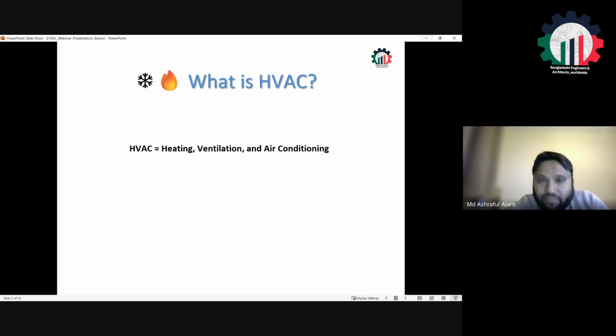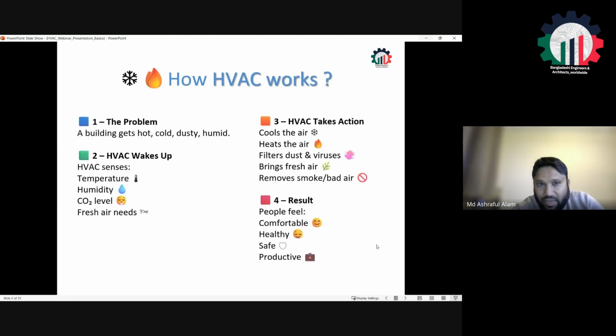First of all, I will start with what is HVAC. HVAC is heating, ventilation, and air conditioning. So why do we need HVAC, or how does it work? Let's take a very simple example. We come from outside to our houses, and once we enter, sometimes in winter we feel it is cold, and in summer we feel it is hot.